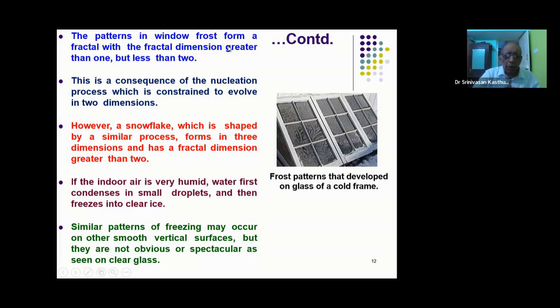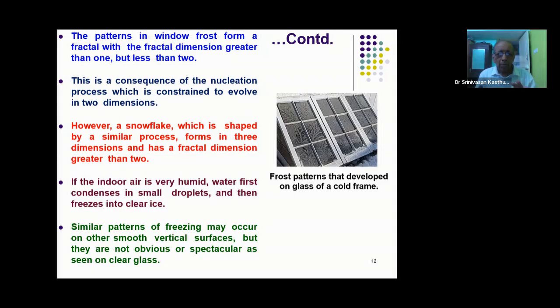The patterns in a window frost form a fractal with a fractal dimension greater than 1 and not 2. I told you that the crystal formation is a fractal process development. So the fractal dimension is more than 1 but less than 2. The concept of fractal process development has to be seen separately.